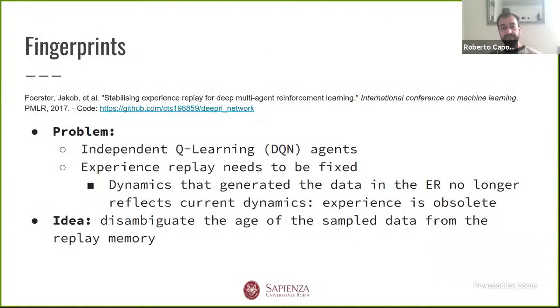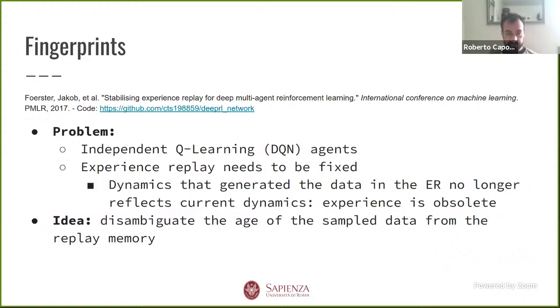So let's start with fingerprints. This is a paper whose goal is exactly that of solving one of the issues that we have described to belong naturally to the multi-agent reinforcement learning problem, which is the fact that the data in experience replay become very quickly useless.